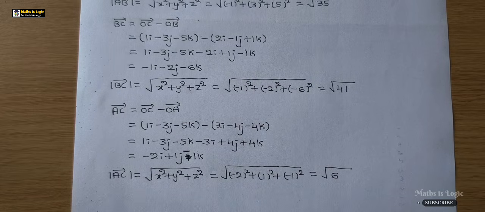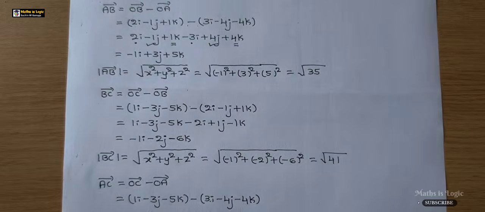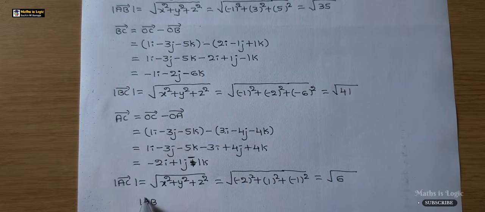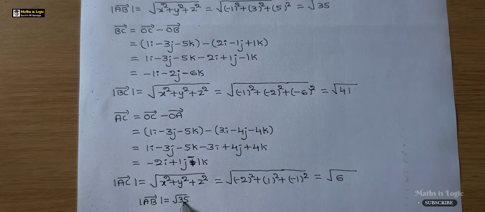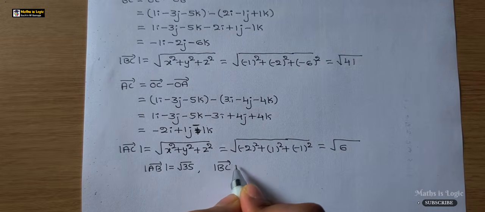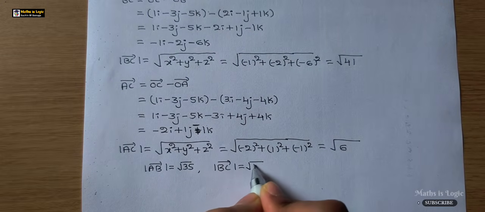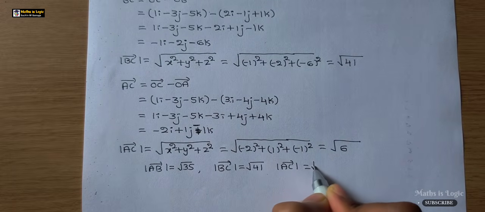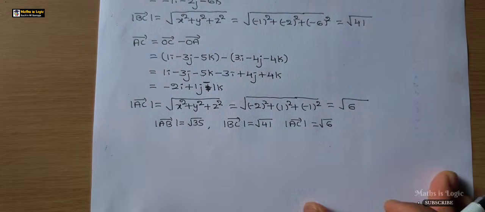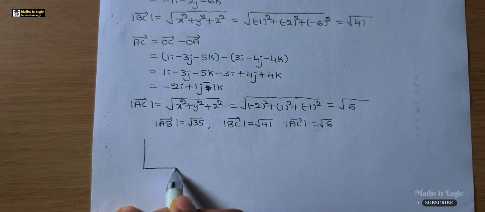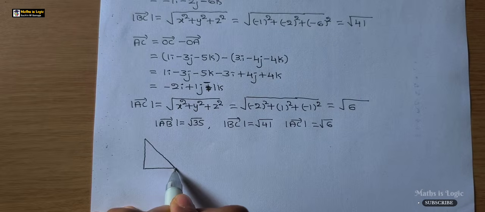Root 6. See, after finding AB, the AB vector value we got is root 35. Next, the BC vector value is root 41, and the AC vector value we got is root 6. Next, what we need to do is draw a right angle triangle here.